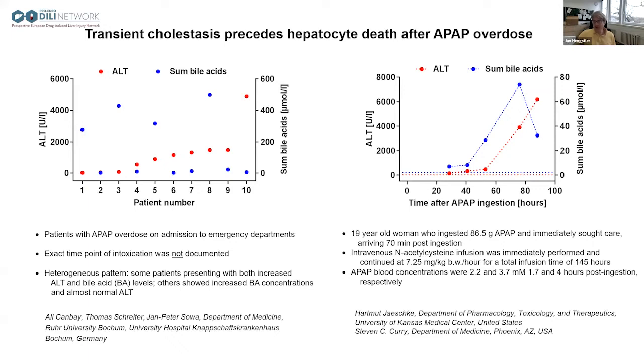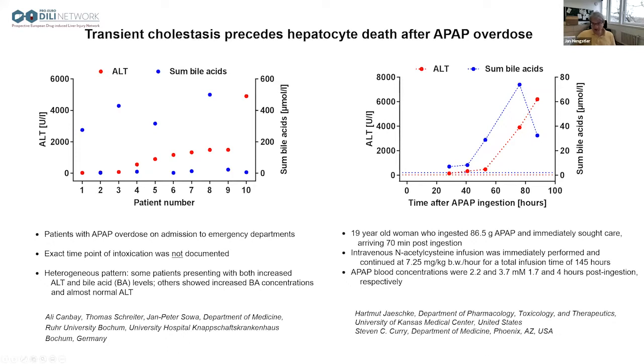So difficult to interpret. And I think this is because usually the exact time point of APAP overdose, or the interval between overdose and blood sampling, is not known. And here, Hartmut Jeschke and Stephen Curry helped us.